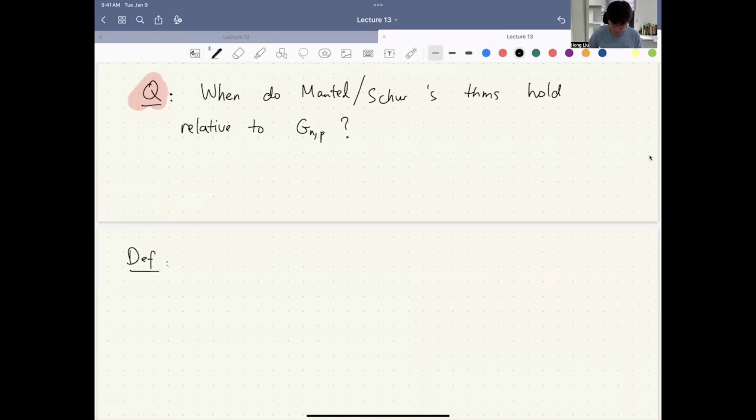Given a graph, let's say Gamma, a different host graph Gamma, we define ex(Gamma, K3) to be the maximal number of edges of a graph G which is triangle free and is a subgraph of Gamma.